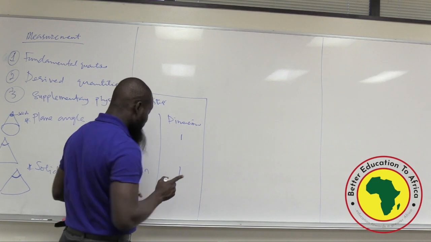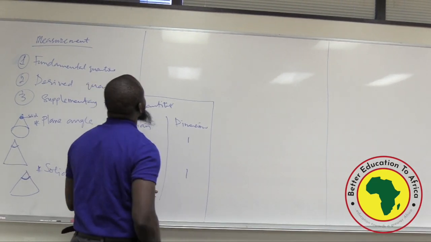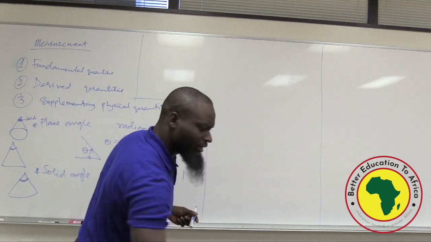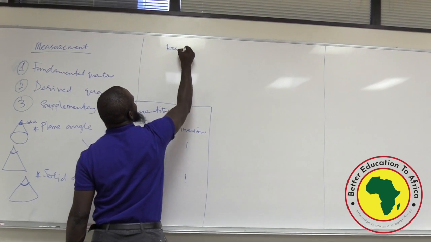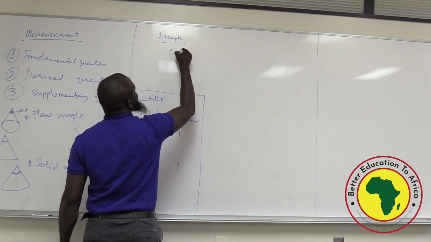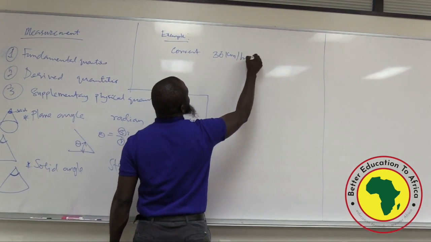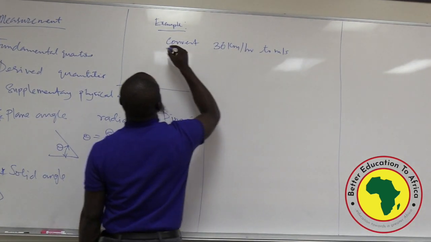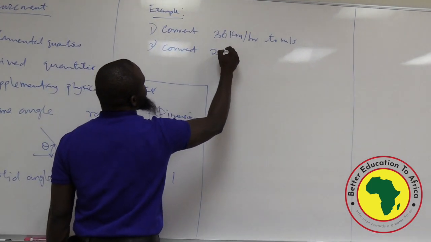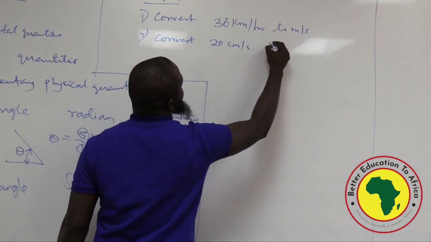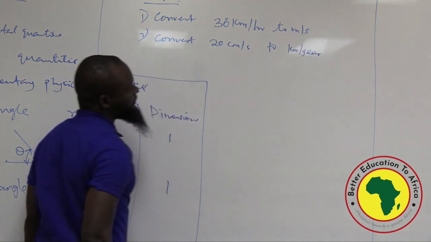So for now, let's take an example in the conversion. Say convert 36 kilometers per hour to meters per second. That's one. Number 2, convert 20 centimeters per second to kilometers per year.